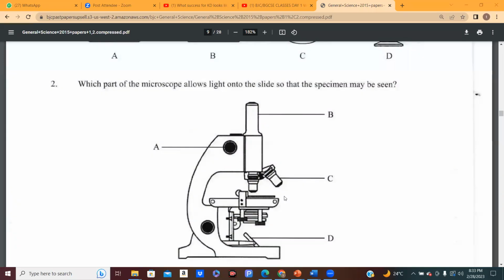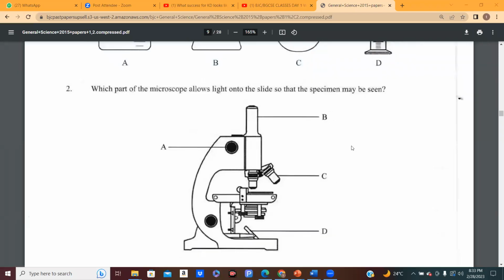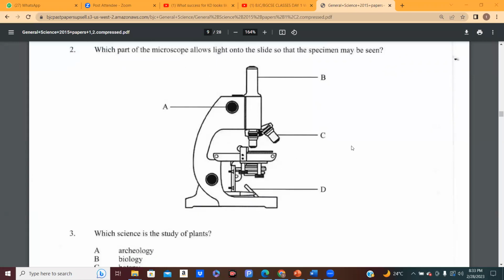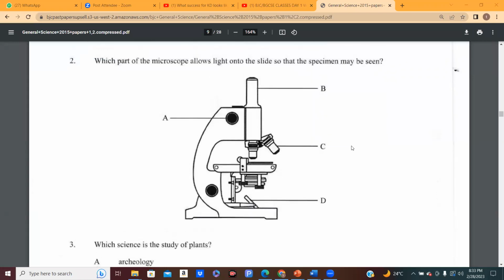All right. Ashanti, are you there? Yes, sir. Okay, this one is for you. Which part of the microscope allows light onto the slide so that the specimen may be seen? C. That's incorrect.